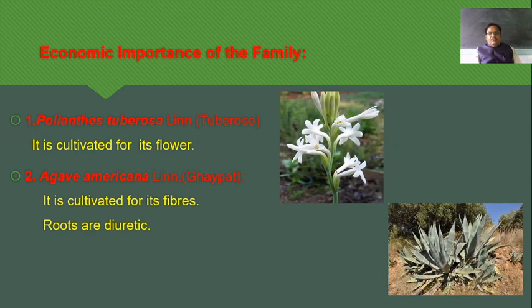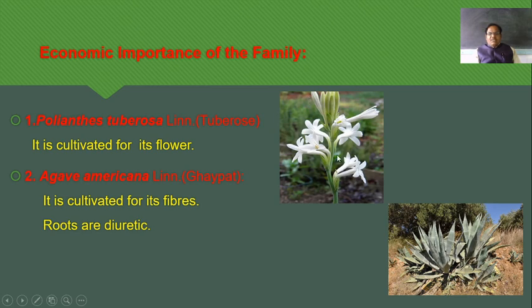Then economic importance of the family. This is the first plant, Polianthes tuberosa, which is known as tuberose or nishigandha or gulchadi. It is cultivated by farmers for its sweet scented, attractive flowers. Flowers are very sweet scented and attractive.